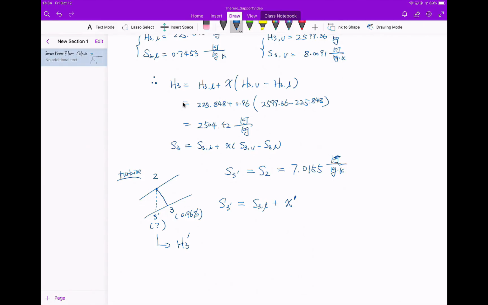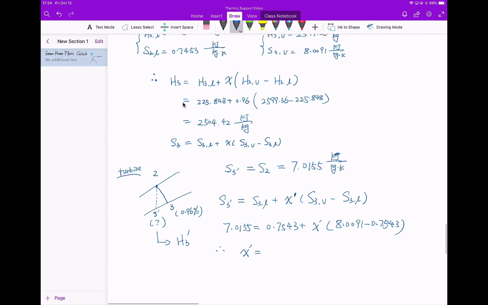So this is X prime, S3 of the vapor minus S3 of the liquid. So by doing this, we are going to have 7.0155. Yes, the liquid is 0.7543 plus X prime, this is a vapor 8.0091 minus.